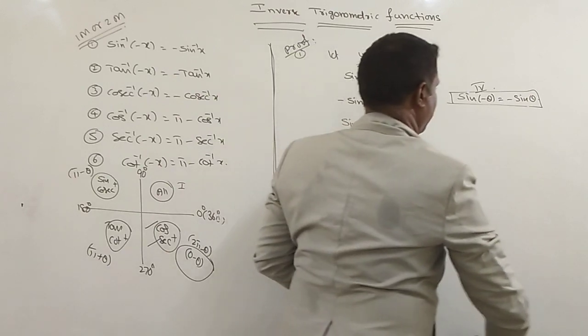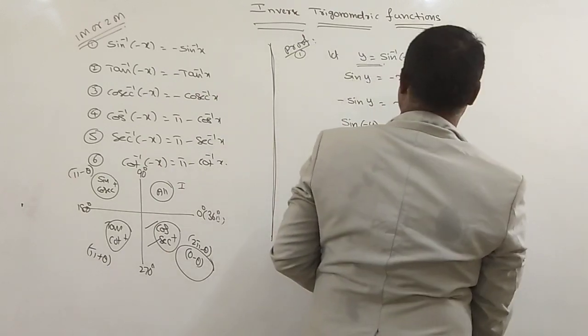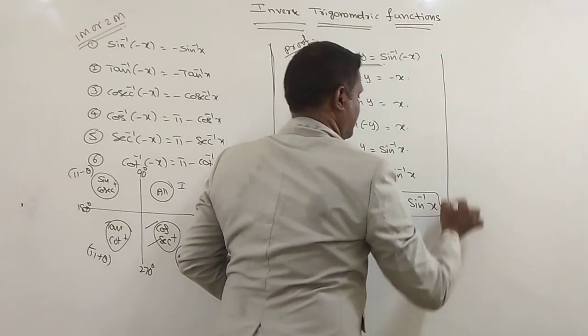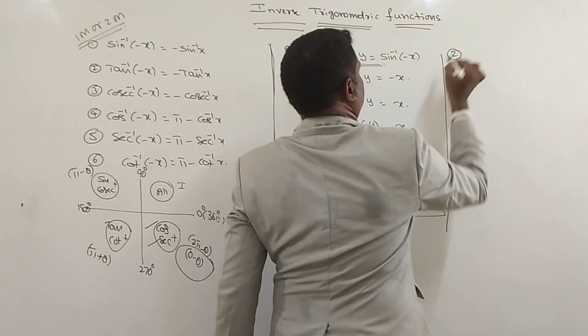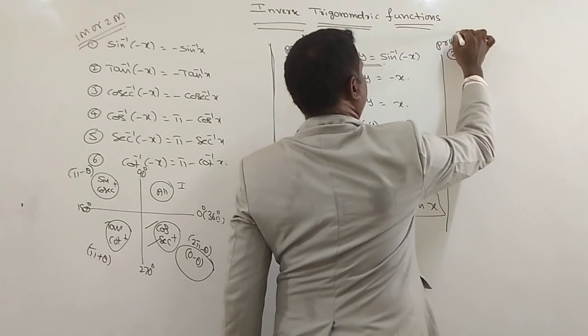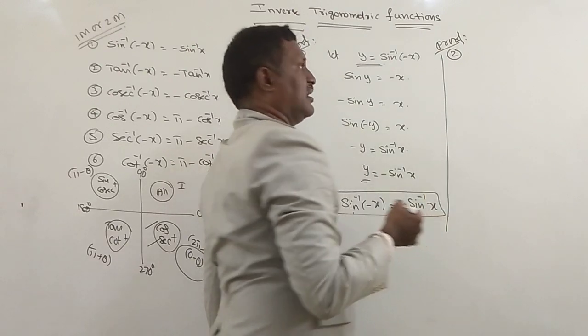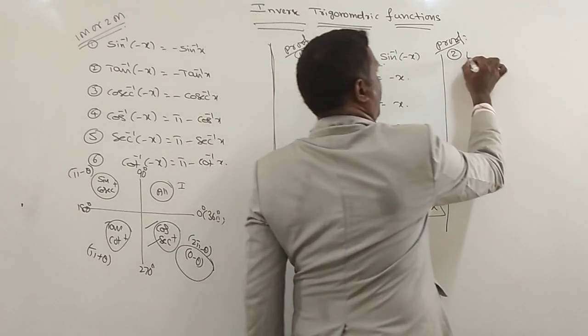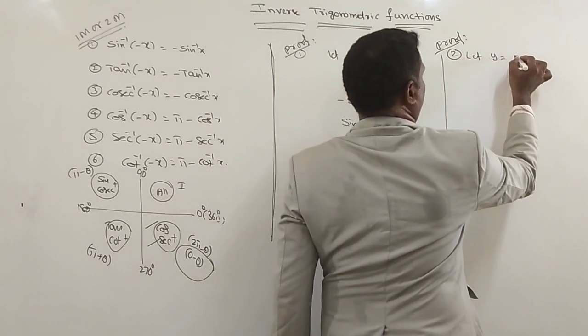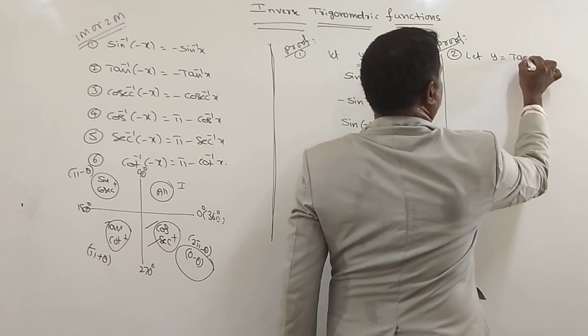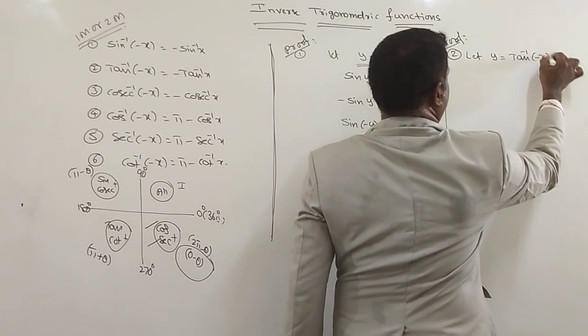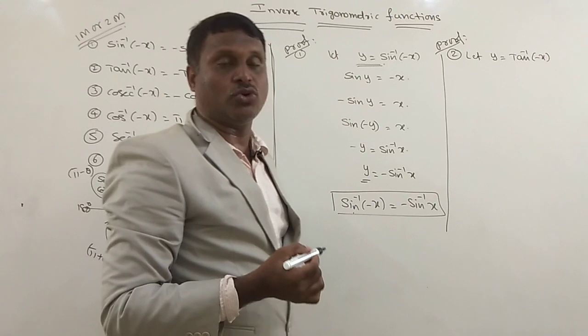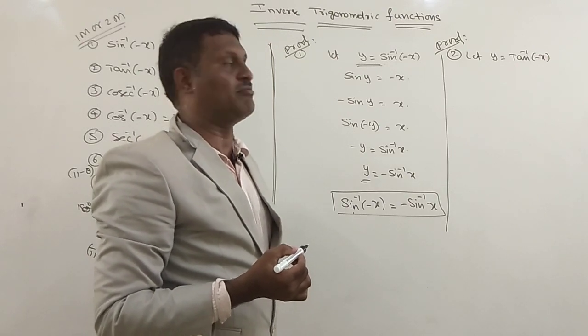Similarly, the next one, second one, proof for the second one, important, take down. Let y is equal to tan inverse of minus x.